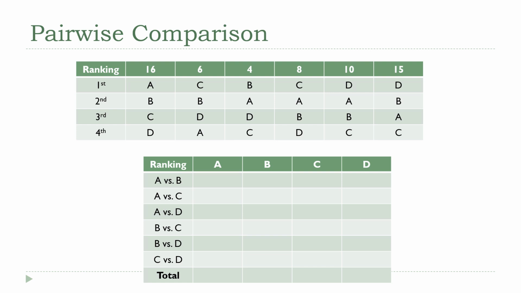Okay, so walk through those columns, right? If you look at A versus B, A gets the 16-vote column, the 8-vote column, and the 10-vote column. That gives a total of 34 points.